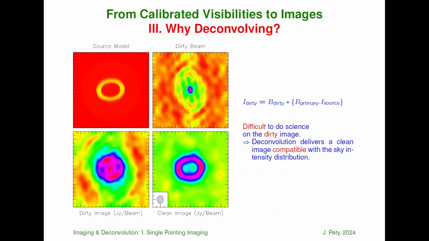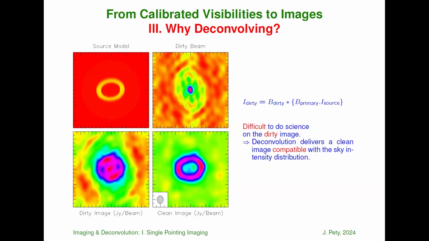Why do we need to deconvolve? So I've just explained to you that the dirty image is the convolution in the image plane of B dirty by the product of the source intensity and the primary beam. So let's forget for a moment the fact that we have the primary beam here. Let's assume that the sky intensity of your source, this is a protoplanetary disk, is a ring.